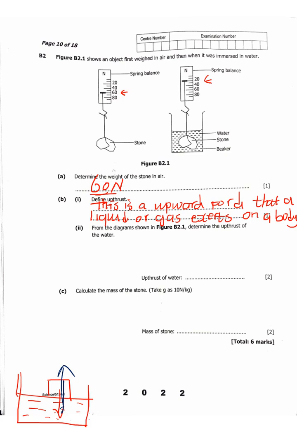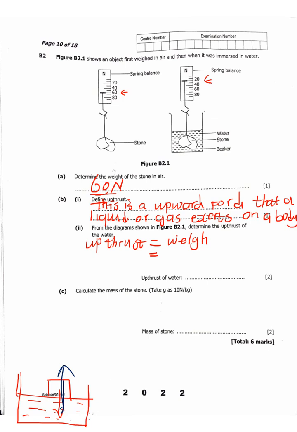Now Roman number 2. From the diagrams shown in figure B2.1, determine the upthrust of the water. So upthrust must be equal to the weight of whatever you are talking about. Now from the diagram, before it was immersed in water, the weight was at 60.